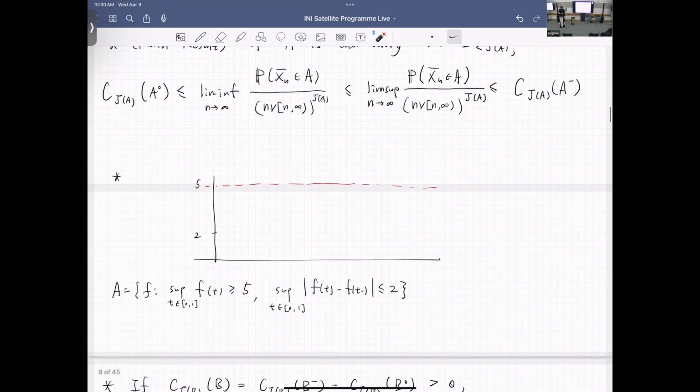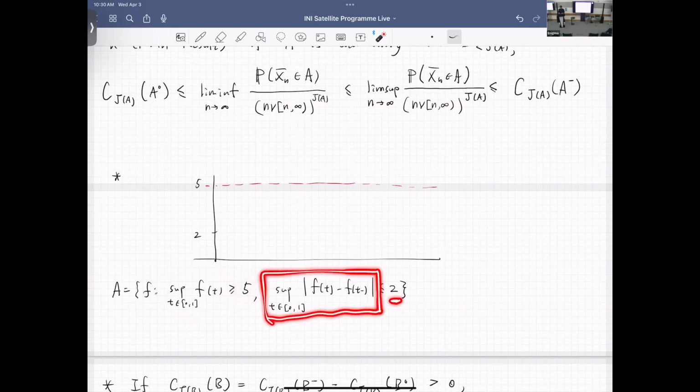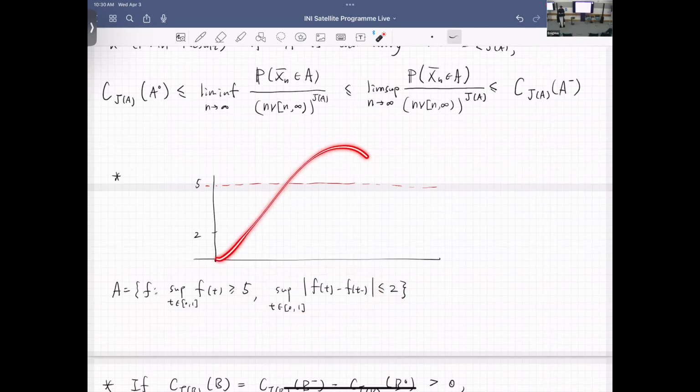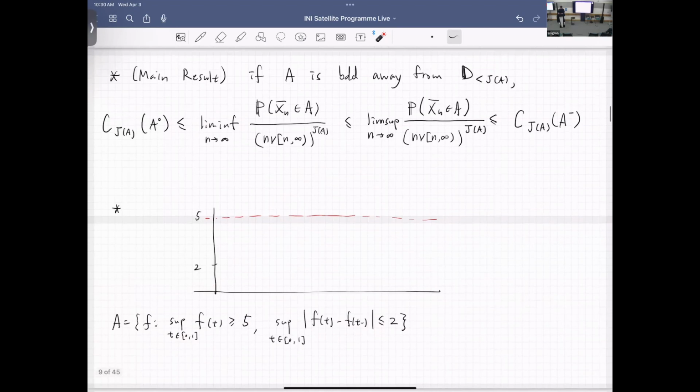So let's suppose that you're interested in this set A. This set is the paths whose supremum is greater than 5, but the jump sizes cannot exceed 2. So paths like this. J of A is clearly 3, right?